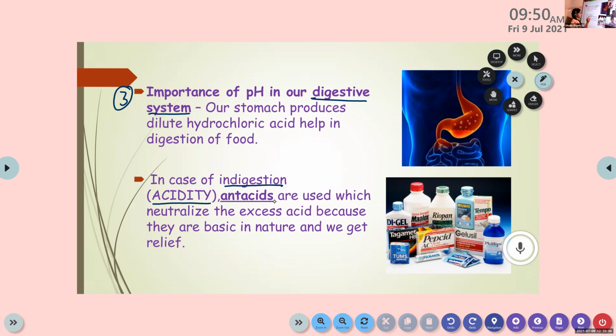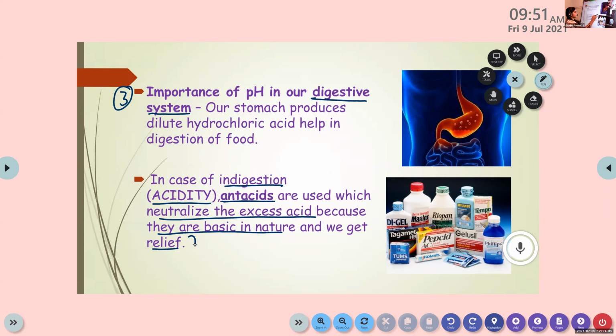Antacids are basic in nature and neutralize the excess acid, so we get relief. So antacids are used to resolve acidity or indigestion because they can neutralize the excess acid produced by the stomach.